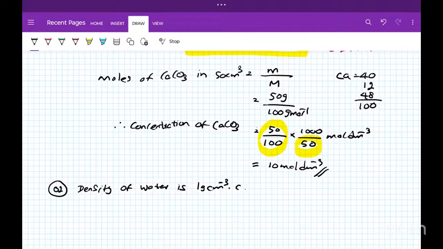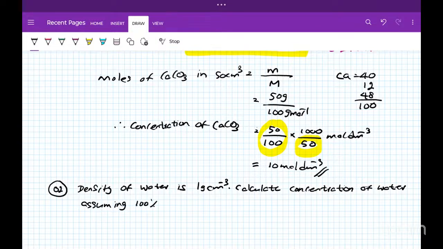Calculate the concentration or molarity of water, assuming 100% purity. Calculate concentration of water assuming 100% purity.